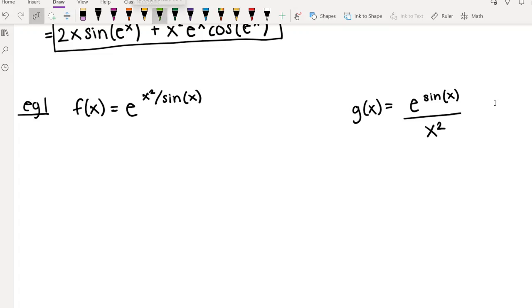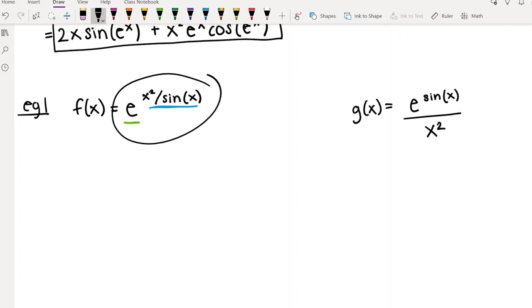So for this first one, on the very outer level of this function, it's e to a power. And that power happens to be a quotient, but the function itself is not a quotient, right? Another way of thinking about that is you could not find two functions, let's say g of x and h of x, that you could divide to give you this function as a whole.